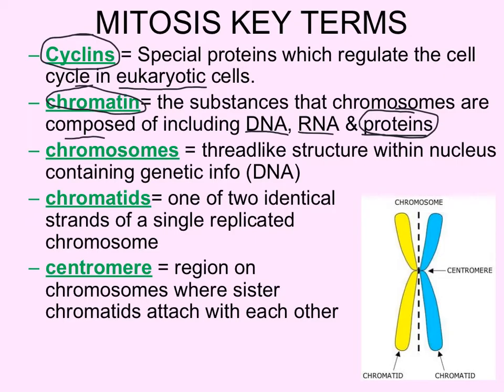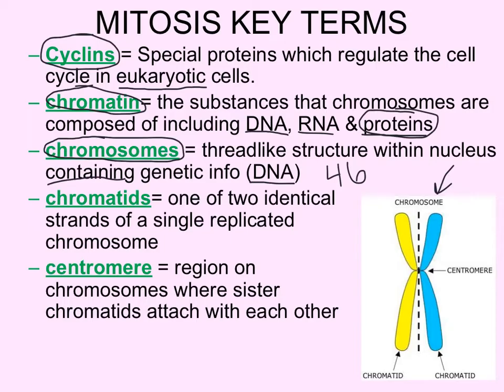The next term is called chromosomes. Chromosomes is basically your DNA. As a human being, as a Homo sapien, in each one of your cells you have 46 chromosomes. And they'll look something like this, down here below.